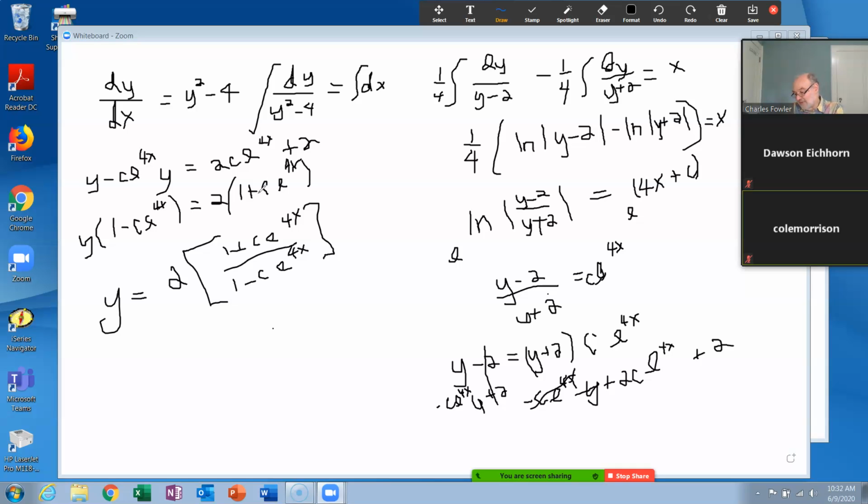Okay? Now, they don't show a graphic of it. I sort of wish they did. Because I think in that case, and I'm just doing this from the top of my head, because they called these both equilibrium solutions, I think you'll find that y is equal to 2 would be one that is stable, and y is equal to minus 2 would not be.